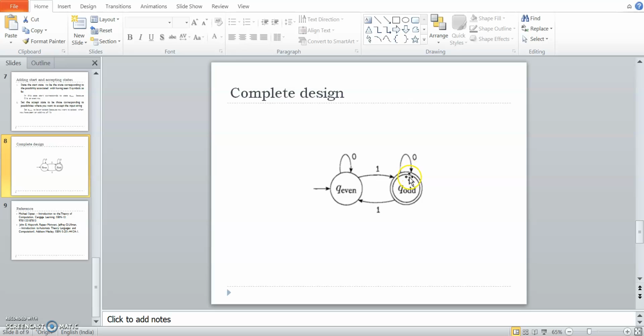If after that 1 any number of zeros comes, the string still contains an odd number of ones, so it is accepted. But if we get one more 1 in state Q odd, we go back to Q even. It then contains two ones, which is even and not expected, so we go to the non-accepting state, Q even. Again, if you get 1, it is accepted as it contains three ones, right?